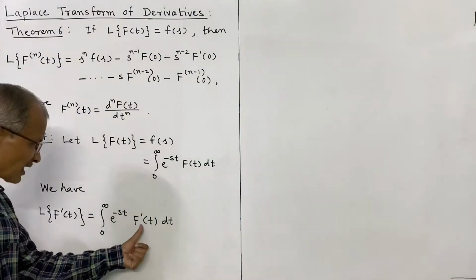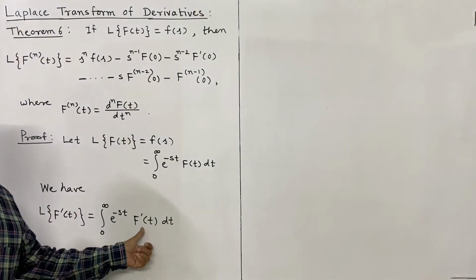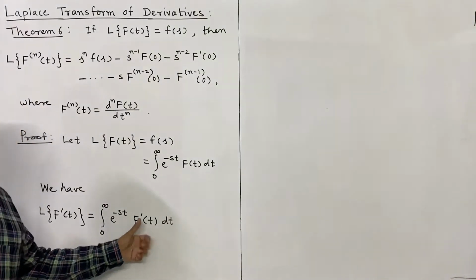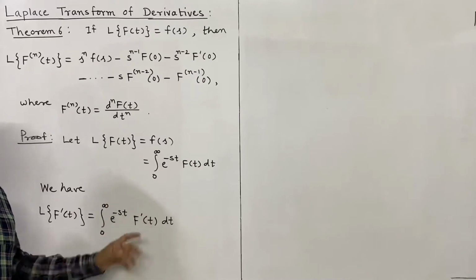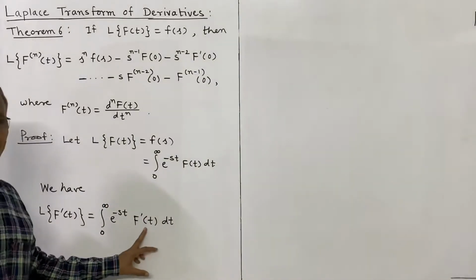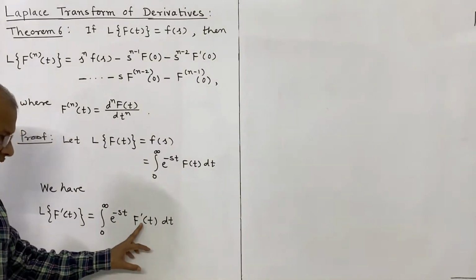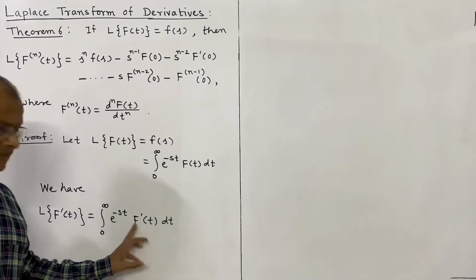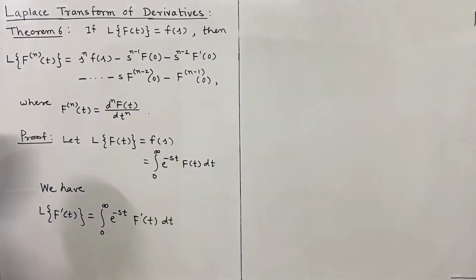So its integration is easy. Integration of this derivative is the original function because integration and derivative are inverse of each other. So integration of f dash t will be f of t, and therefore we integrate by parts.